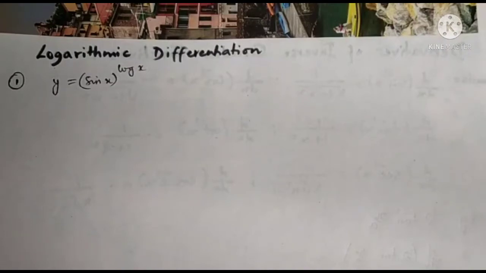Now, in logarithmic differentiation, when we are trying to differentiate given functions, we take help of logarithms in order to find the derivatives of the functions. For example, in this question, the question says y equals sine x to the power log x. It is in the form of a function to the power of another function.